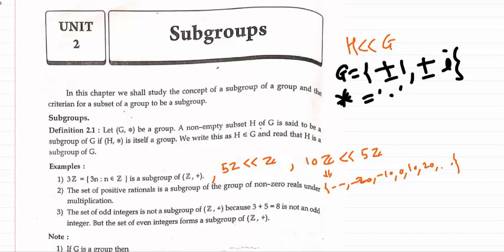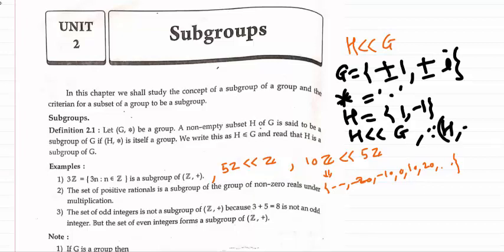So we can take H as a subgroup containing 1 and minus 1. There are 4 elements in G and there are 2 elements in H. H is a subgroup of G because H under multiplication is a group.